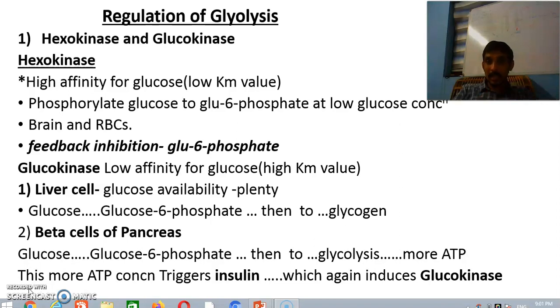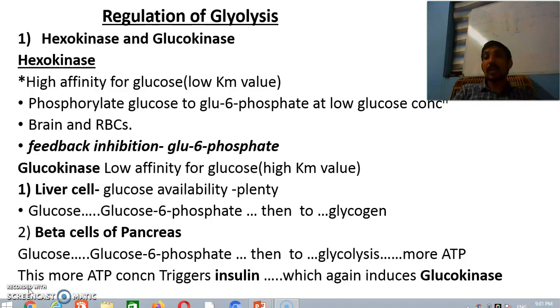During that condition, the concentration of glucose 6-phosphate produced in the first step will be high within the cell, because the rate of glycolysis is high and the cell produces more energy. Now it needs to stop glycolysis. So the glucose 6-phosphate within the cell inhibits further glycolysis by inhibiting hexokinase.